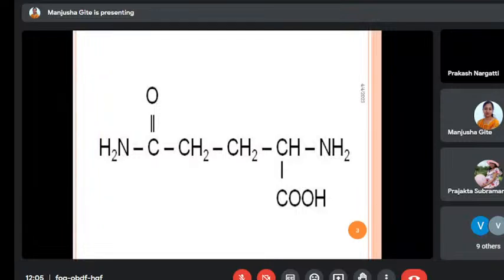Small n means numerator, bhagakar. Then H, capital H, means the number of protons. Below that I told you to write n plus R. Small n means numerator, and R means remainder. Remainder means baki.